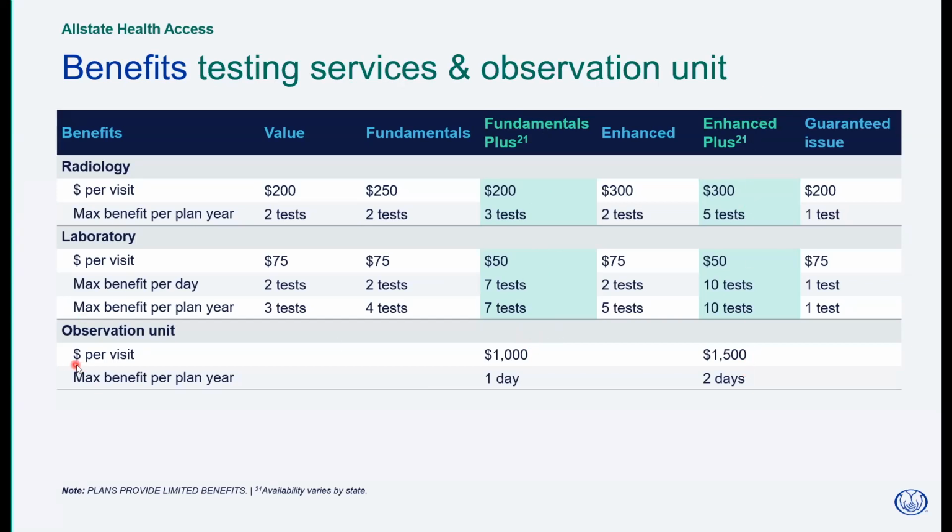The benefit is a per visit benefit of $1,000 for the fundamental plus and $1,500 for the enhanced plus. The maximum benefit per plan year is 1 day for fundamental plus and 2 days for the enhanced plus.